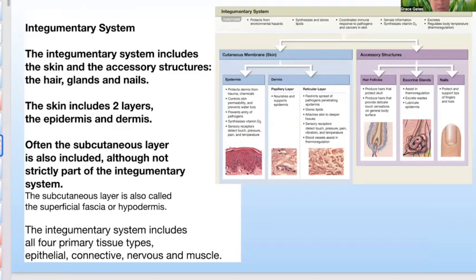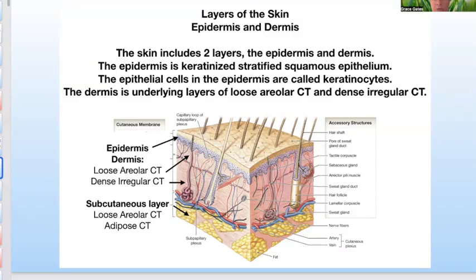The integumentary system includes all four primary tissue types: the connective tissue, the epithelial tissue, the nervous tissue, and the muscle tissue. Okay, so the skin includes two layers, the superficial epidermis and the deep dermis. The epidermis is keratinized, stratified, squamous epithelium.